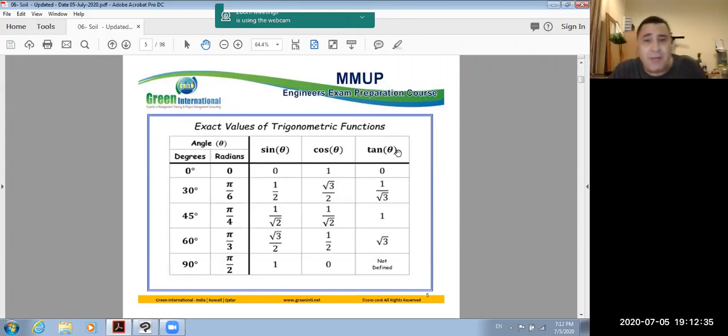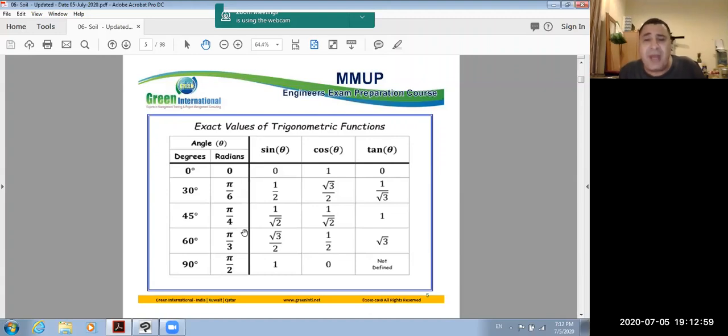This is very important, guys. The exact values of trigonometric functions. We need to know, memorize this type of thing: sine 0 is equal to 0, cosine 0 is equal to 1, tan 0 is equal to 0. We need to memorize it as much as you memorize 1, 2, 3, 4, 5.